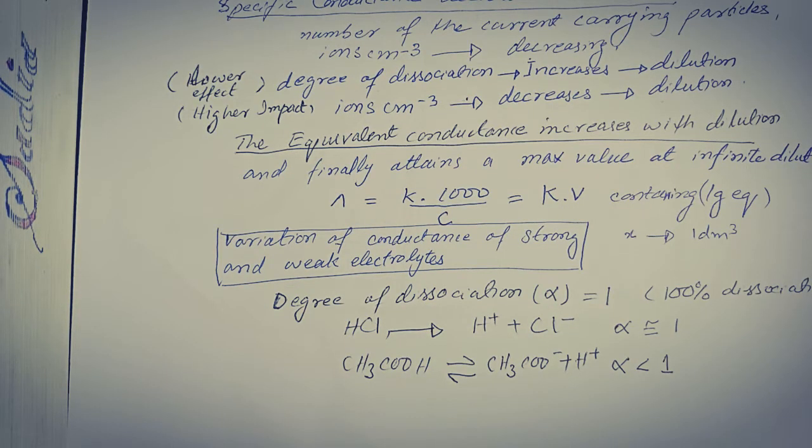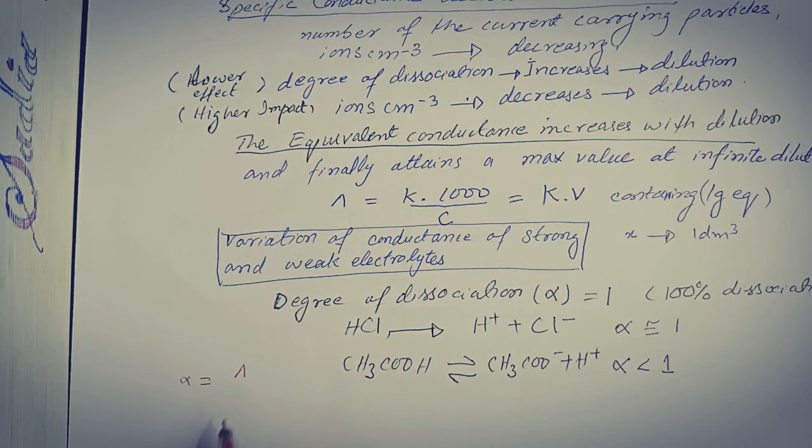So for the case of weak electrolytes, we can write the degree of dissociation as the ratio of equivalent conductance over equivalent conductance at infinite dilution or at zero concentration.